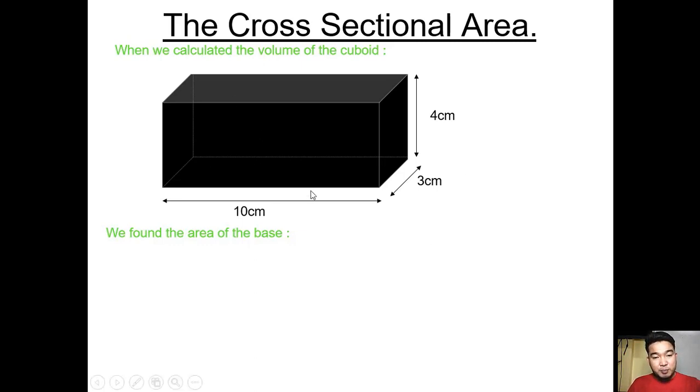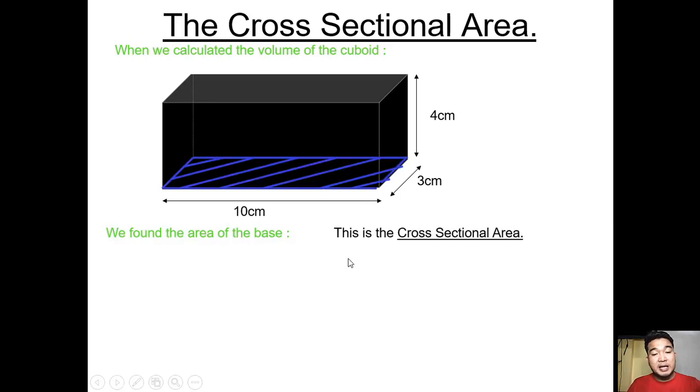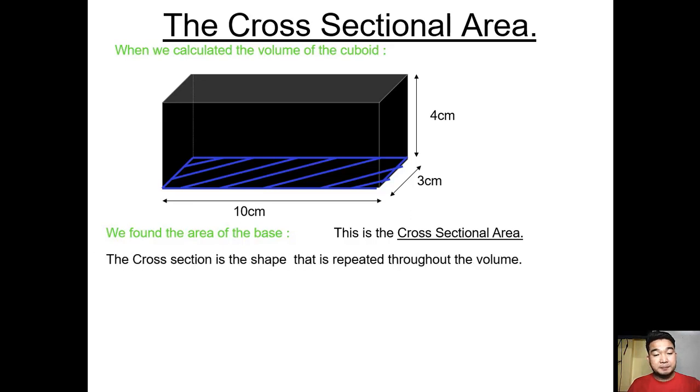In this problem, we have 10 centimeters as our length and 3 centimeters as our width. So to calculate the area of this rectangle, we simply multiply 10 by 3. So we will be having 30 square centimeters, which is the base of our prism or cuboid.